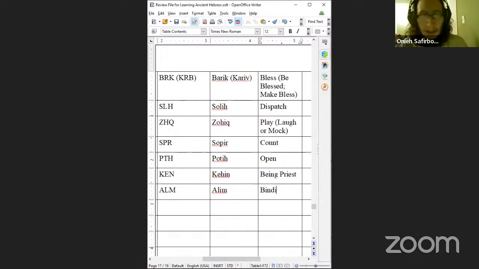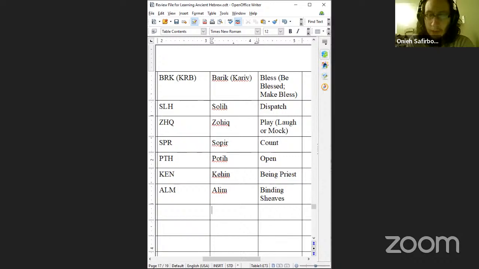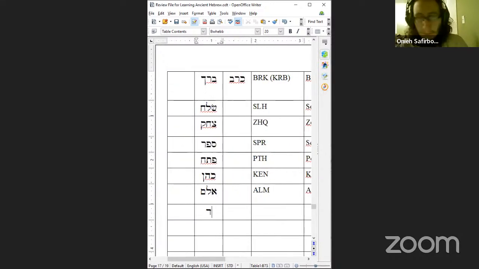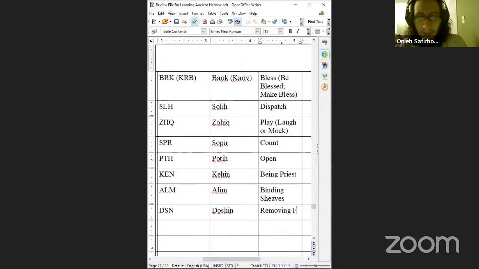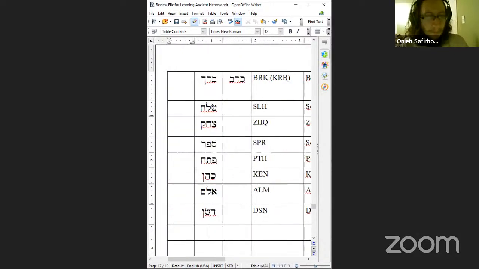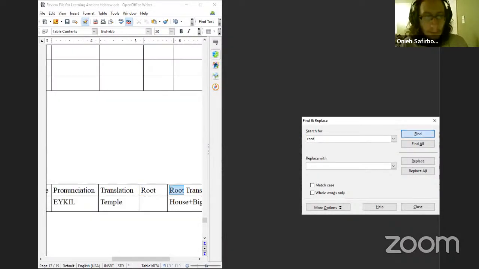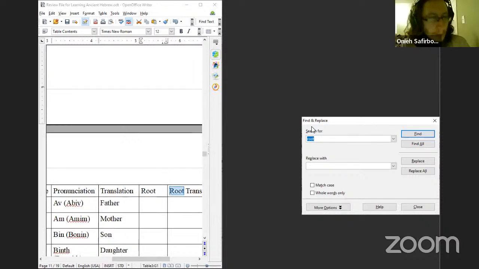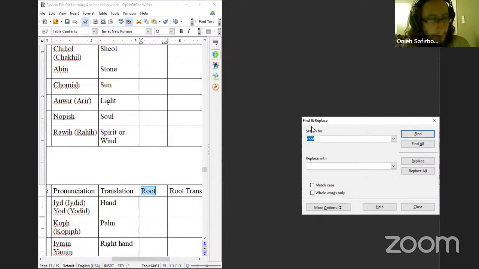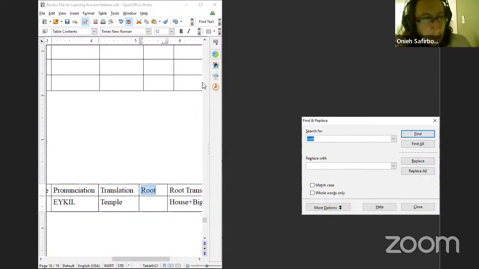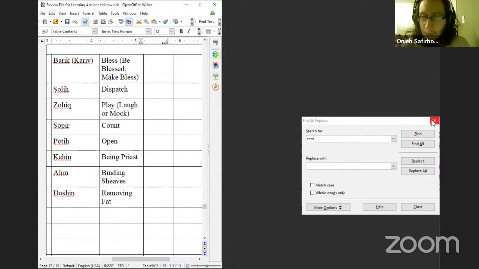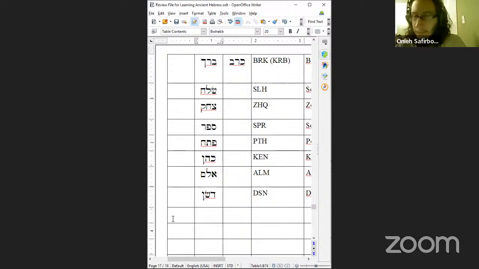Alem is binding sheaves. Dashin is removing fat. Okay. So the word for root is charish.